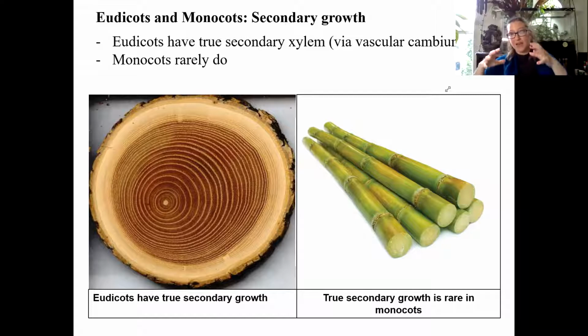Those don't get super thick like a tree, so they don't really make secondary xylem as we think of it. Sometimes they make a little bit, but when you think of a woody tree, you're almost always talking about a Dicot. Look at the difference here. I think this is sugarcane on the right, which is a type of grass. Not woody.